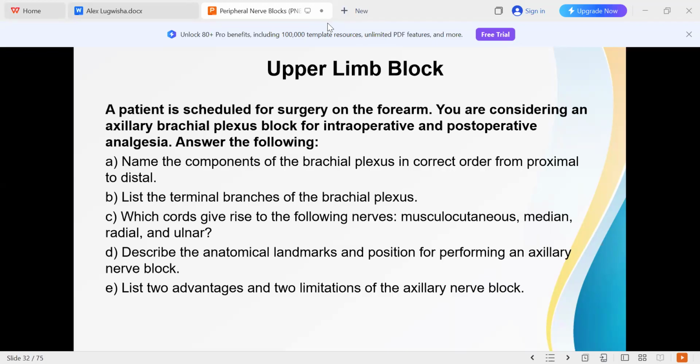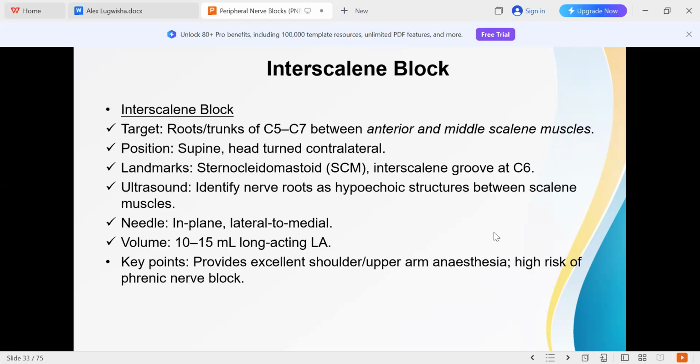Frank, are you saying something? Yes, for axillary block, compared to interscalene, we are not going to block the phrenic nerve, so it has that advantage. But also, I wanted to try those terminal nerves and where they come from, which cords. Okay, go ahead.